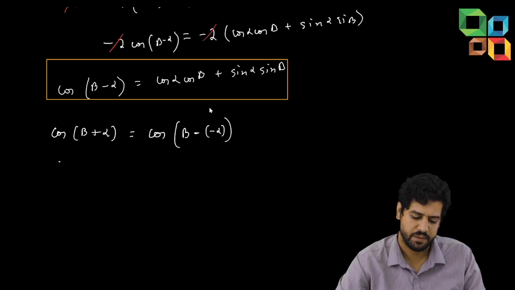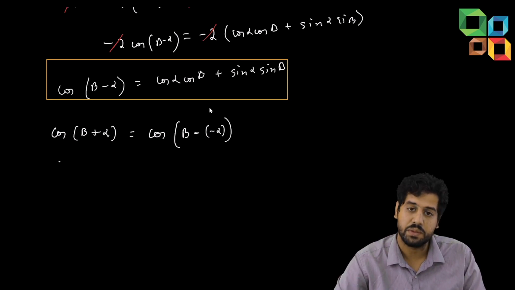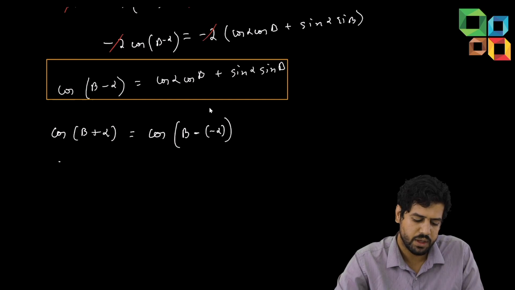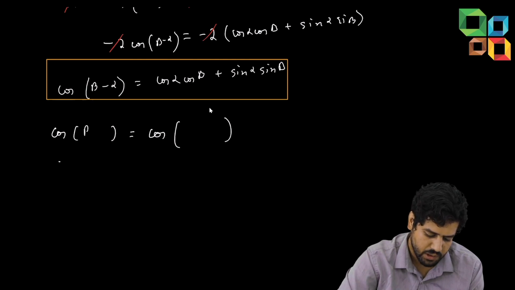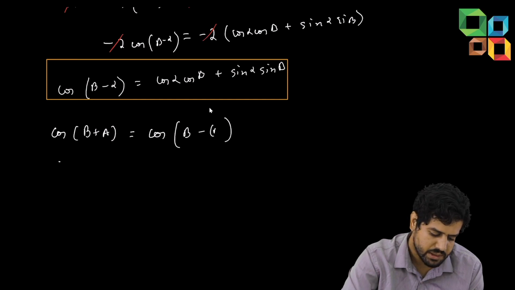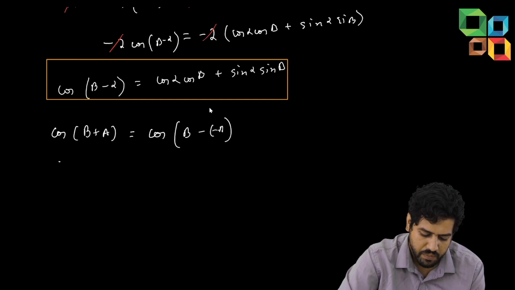We can do this, right? And if you're getting confused, let's write it as B plus A so that we're not using the same alpha. So we can write it as B minus minus A.